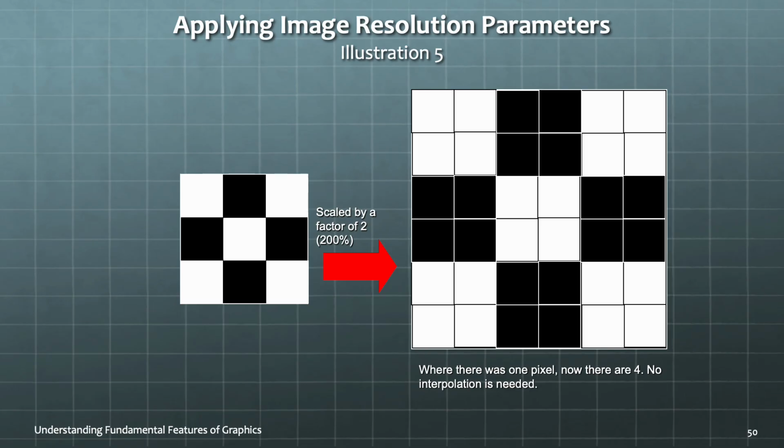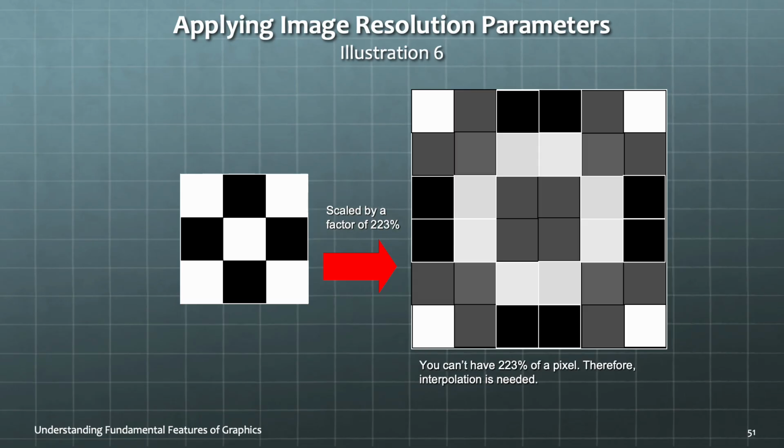Here's another illustration of interpolation in the resizing process. Here we're using multiples of 100%, in this case 200%. This is a no-brainer for the computer because all it has to do is create 4 dots of the same color for each single pixel in the original. No interpolation is needed. But now we're using a scaling factor that is not a multiple of 100%.